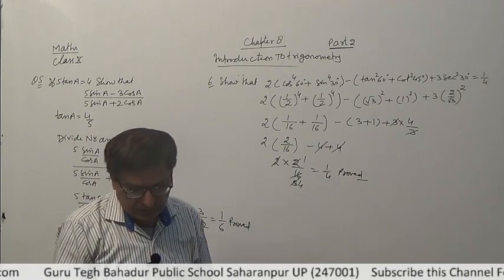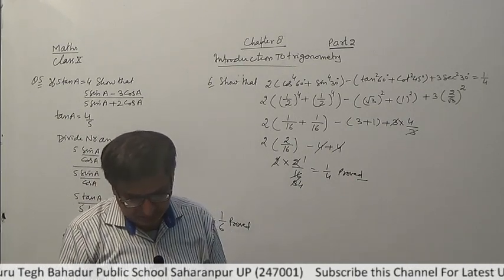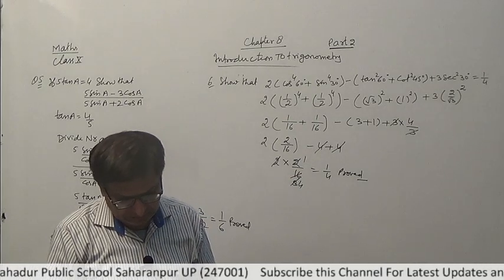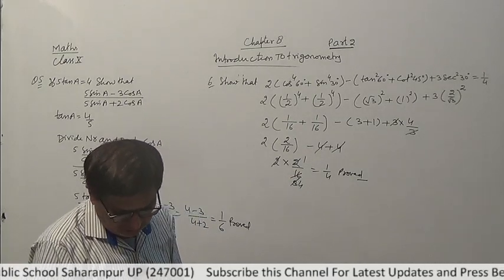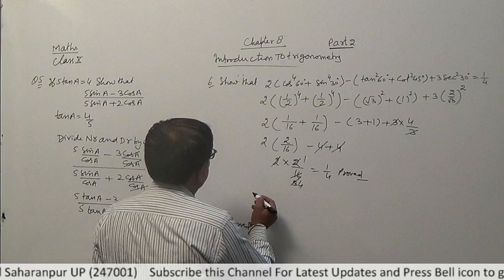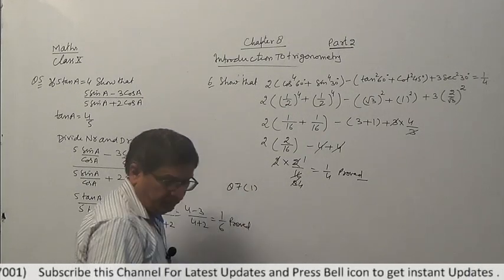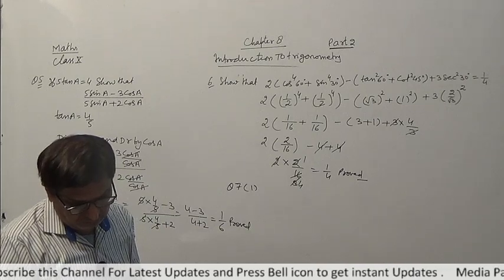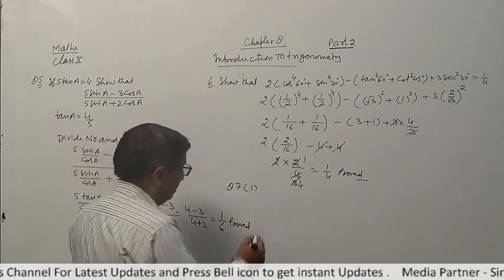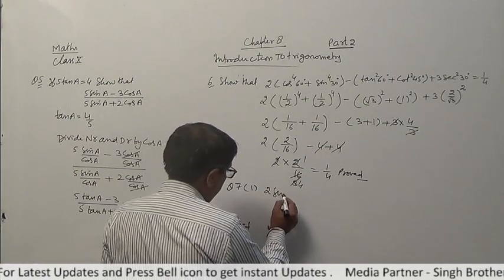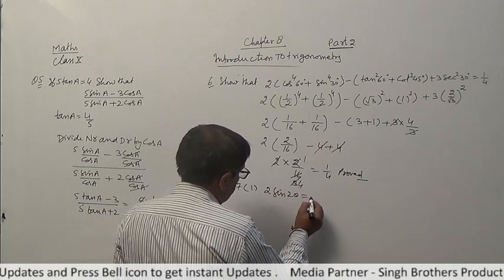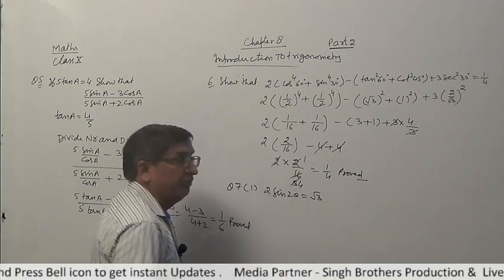See some more questions which are very interesting. They are not in the NCERT book, but the questions are very important. First part: 2 sin 2 theta is equal to root 3.